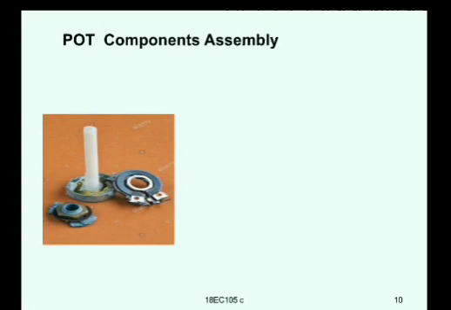Now let us see the pot components and how it is assembled. Like we are going to see the further construction of the potentiometer. So here you can see different parts that are forming into a pot.